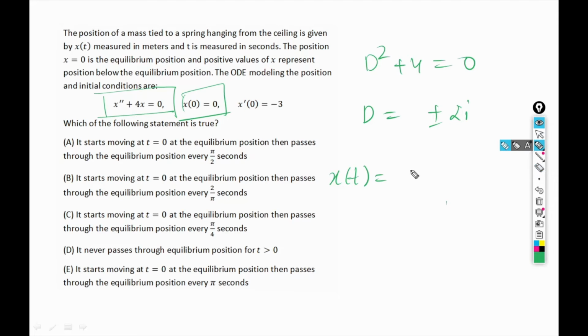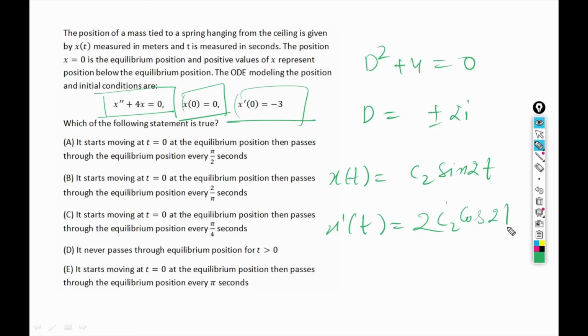So we have c2 sin 2t. Okay. Now using the second condition, if we take the derivative, then we will have 2c2 cos 2t.